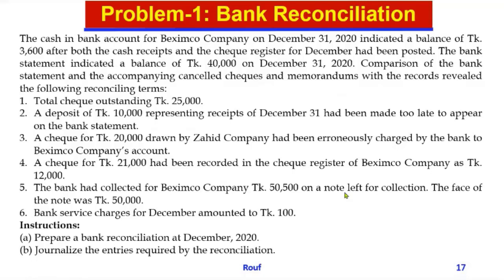The face of the note was 50,000. And number 6, bank service charge for December amounted to Taka 100. Instruction A, prepare a bank reconciliation at December 31st, 2020. And B, journalize the entry required by the reconciliation.